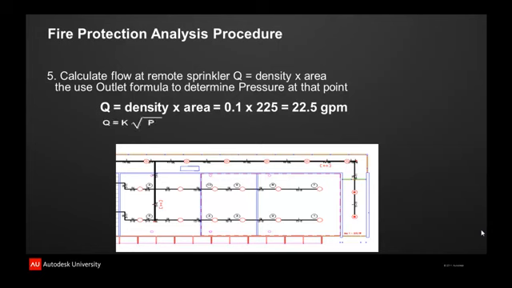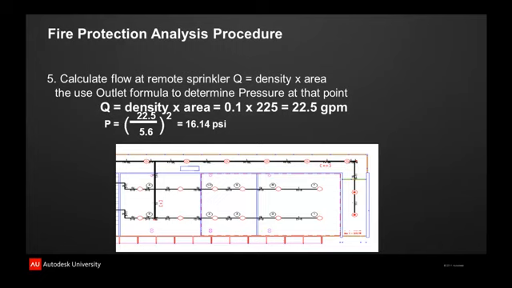The outlet formula that we developed right at the beginning of this presentation was Q equals K square root of P. We already know the Q, that's 22.5. We already know the K, that's 5.6. So we can rewrite that equation to get the pressure as the flow divided by the K factor, squared. Substituting 22.5 and 5.6 and squaring it, we get a starting pressure of 16.14 psi at that furthest sprinkler.